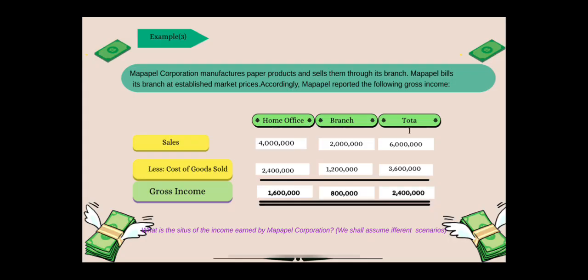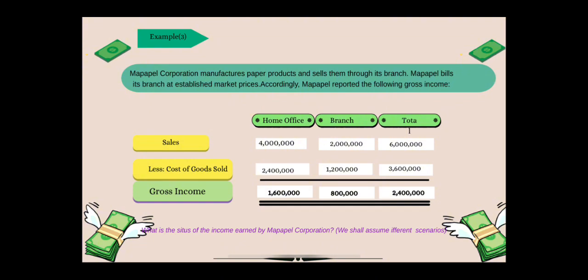The gross income is 1,600,000, which came from 4 million minus 2,400,000. And for the branch, the sales is 2 million, less the cost of goods sold, which is 1,200,000, equals 800,000.